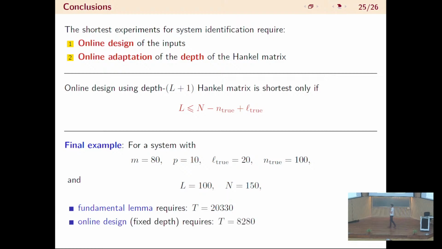The online design with a fixed depth Hankel matrix requires more than 8,000. And the shortest one only requires 5,850. So you see that the improvement, especially with respect to the fundamental lemma, is large.